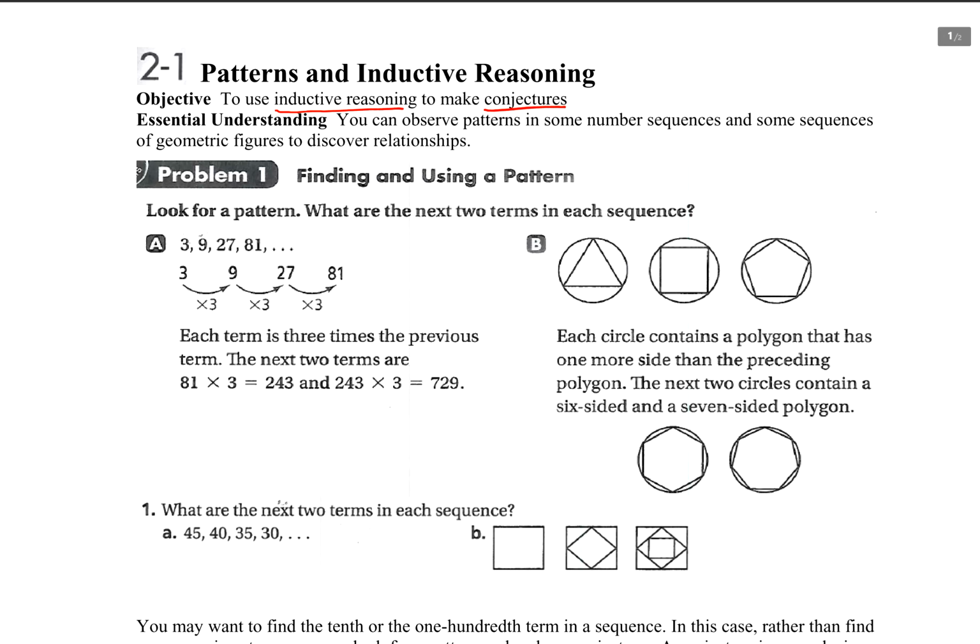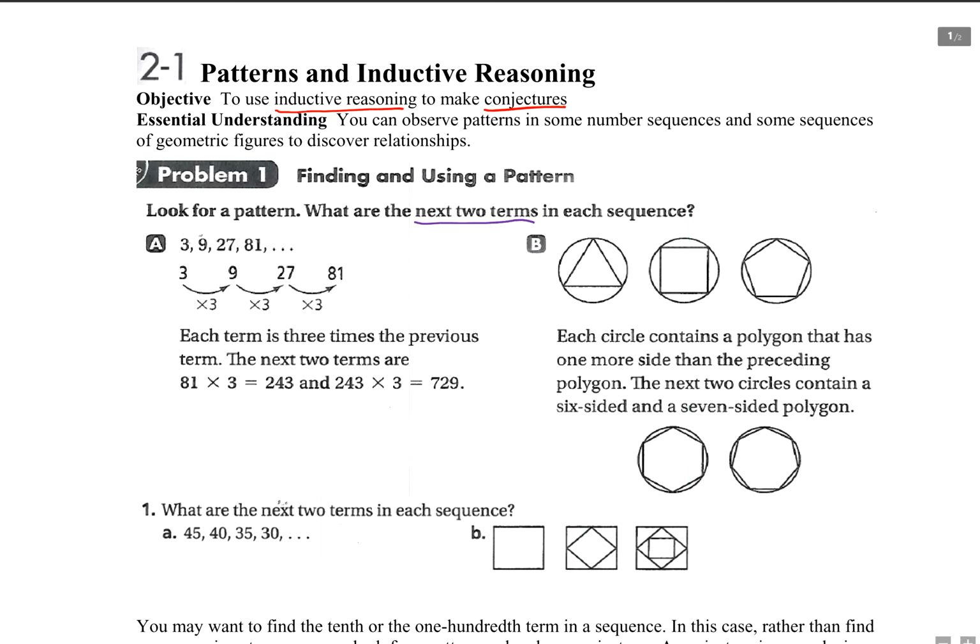Now, you've seen this before in algebra, so let's look at our first problem here. We're supposed to look for a pattern, and what are the next two terms in each sequence? So our first one says 3, 9, 27, 81. What's the pattern here?